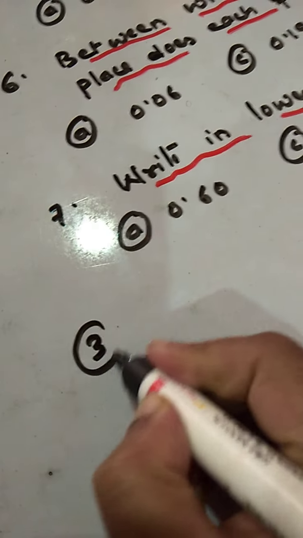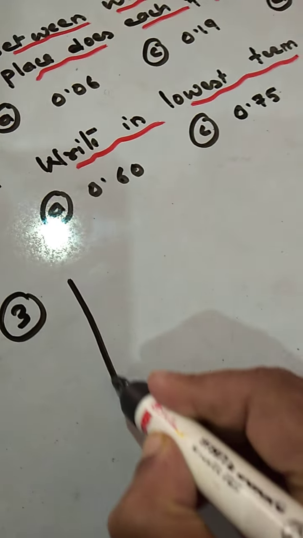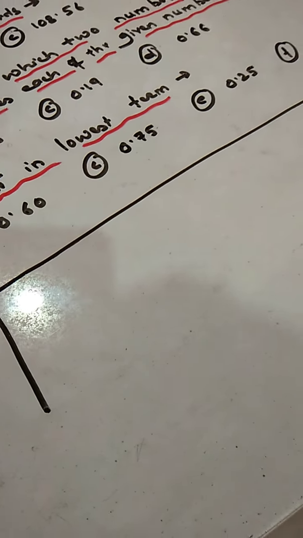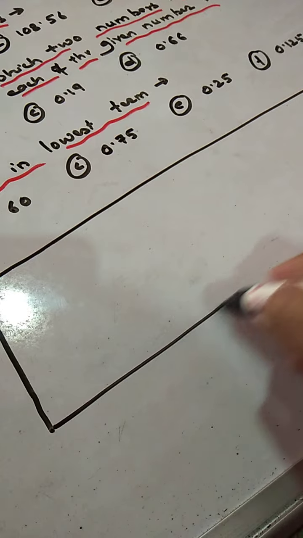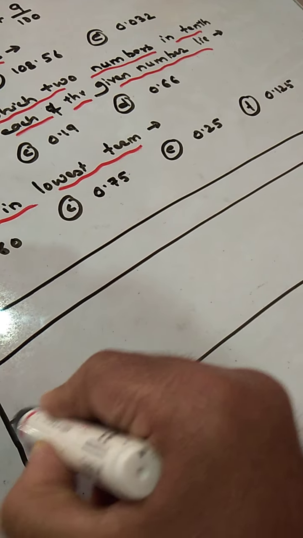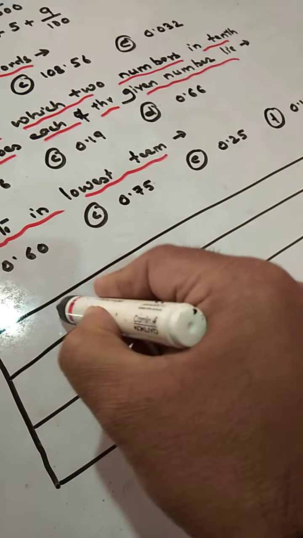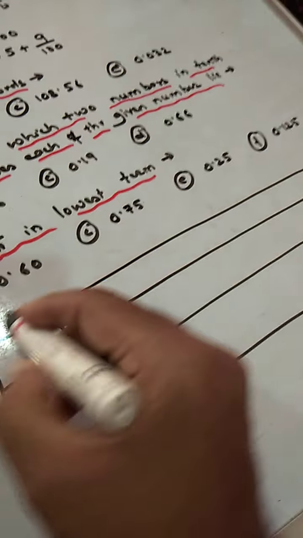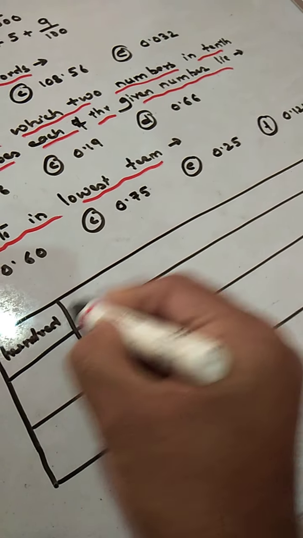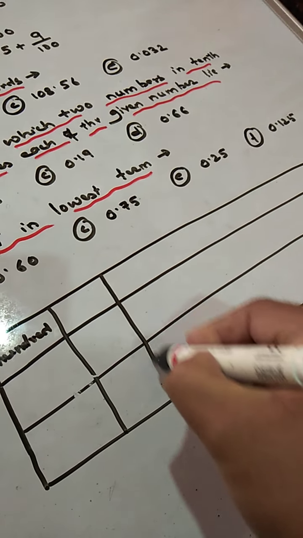The first thing that you have to do is draw the place value chart, isn't it? So we have to make a box like this. Now we'll start with hundreds.